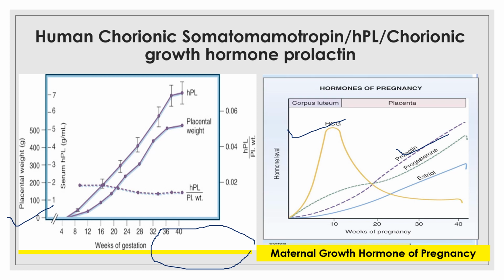And a low HPL level in the blood signifies placental insufficiency. So placental insufficiency means the fetus is going to become growth retarded. So HPL is very important.